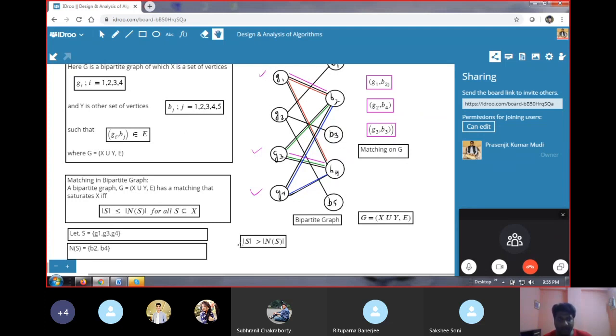So here we can find that the cardinality of S is greater than the cardinality of N(S), which violates this condition. To have a matching, this should be satisfied. The number of girls must be less than or equal to the number of available boys. Then only we can find a matching.